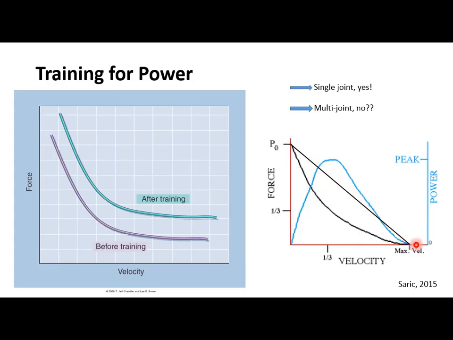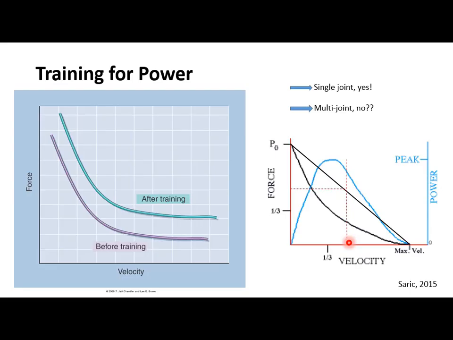And so that would move peak power from here to here, which would correspond to about 50% of peak force and 50% peak velocity, not 1/3. This is something that's being researched quite a bit.